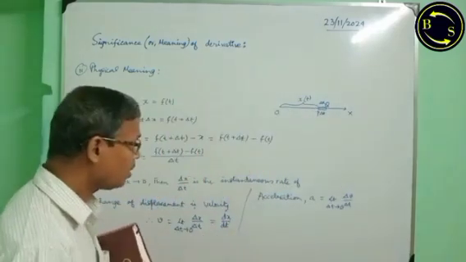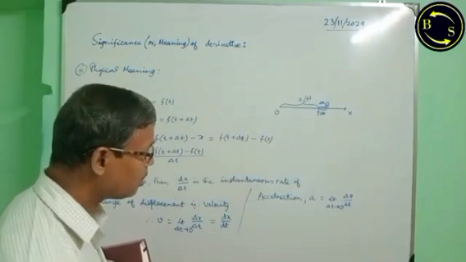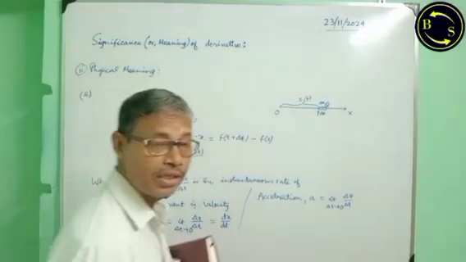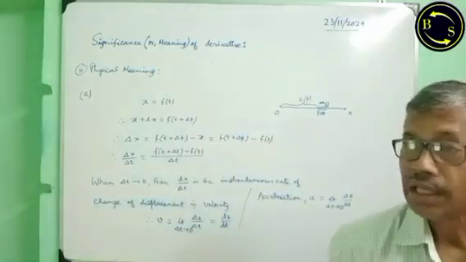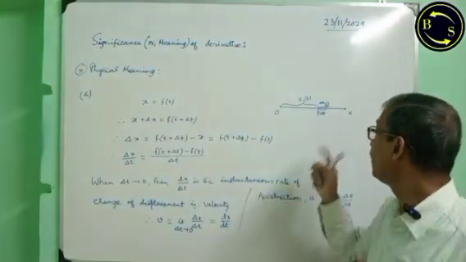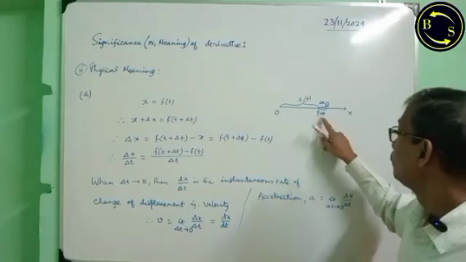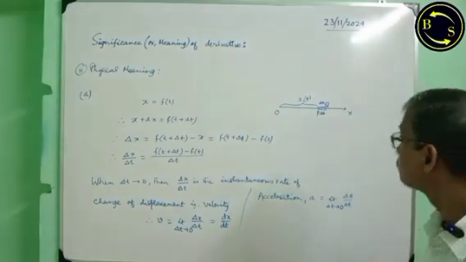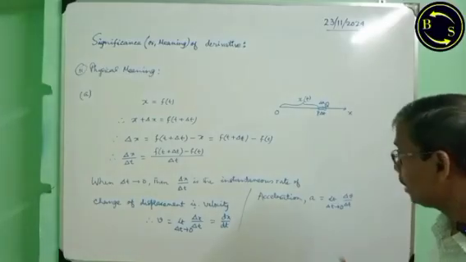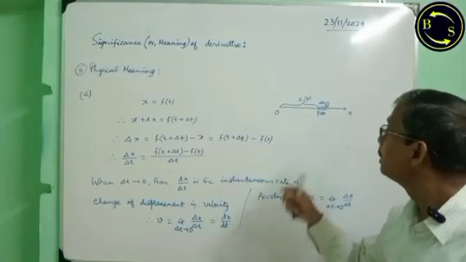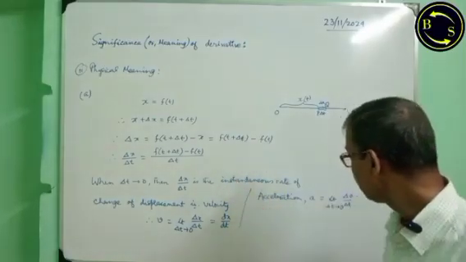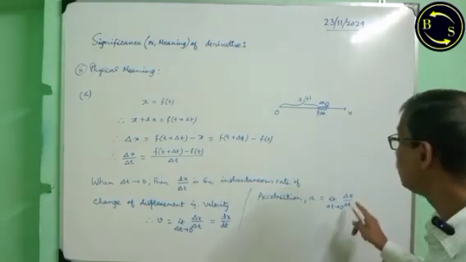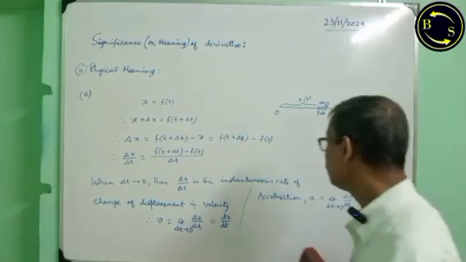That means after time t, the velocity of the particle is v, and after the gap of delta t time, its velocity becomes v plus delta v. Then if we calculate in this way, we will get acceleration is equal to limit delta t tends to 0 of delta v by delta t, which is dv/dt.